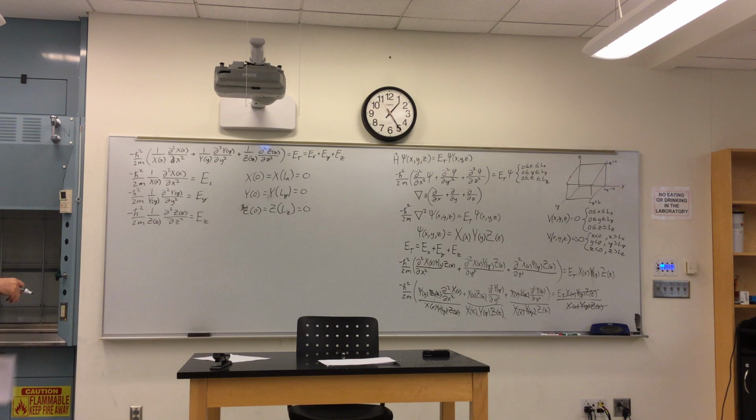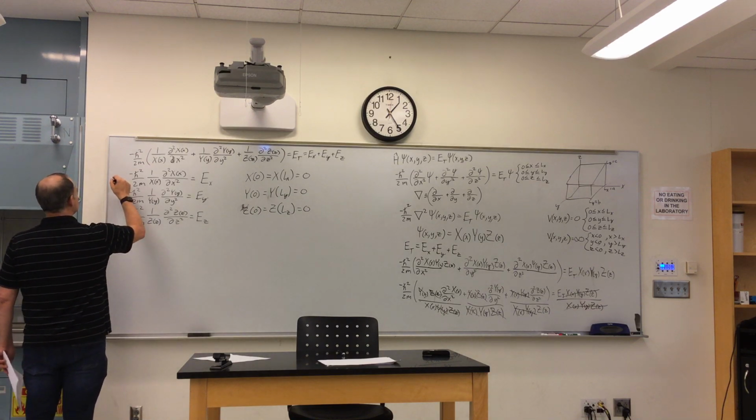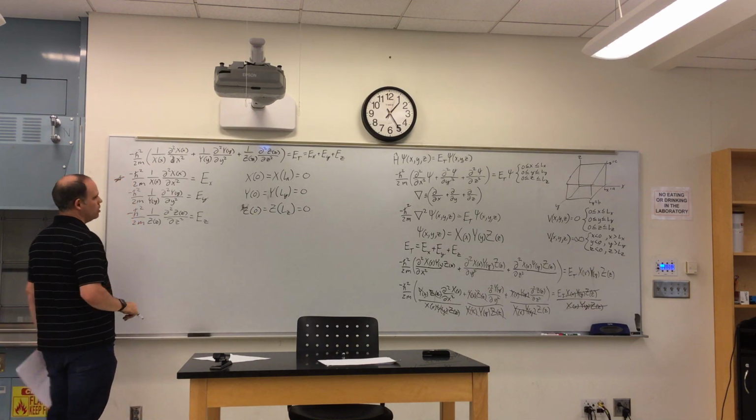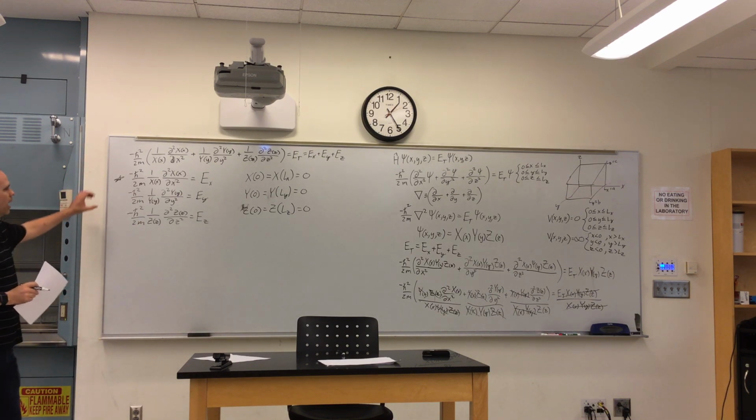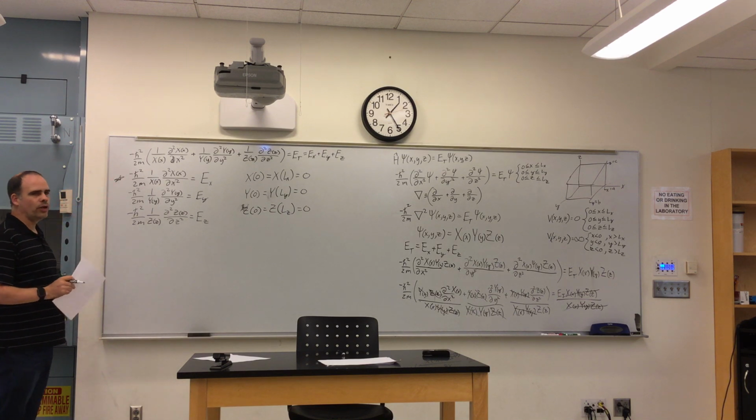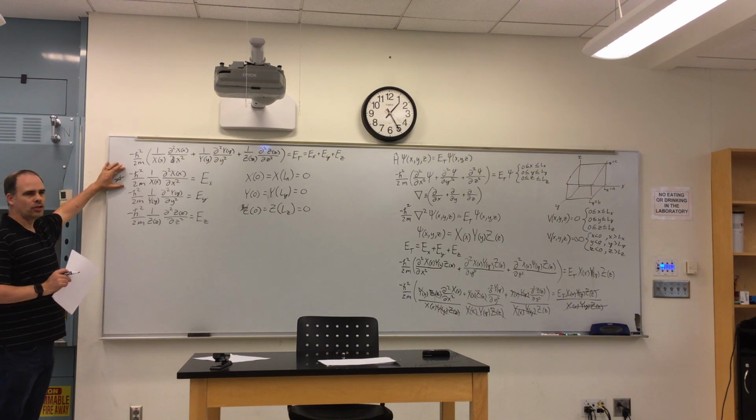Okay, now if you look back at your notes, when we were doing the one-dimensional particle in a box, that's what it looked like, right? Because we've broken this up into individual components, and each component looks like the one-dimensional particle in a box, the solutions are gonna be the same. So you're gonna get the same answer.